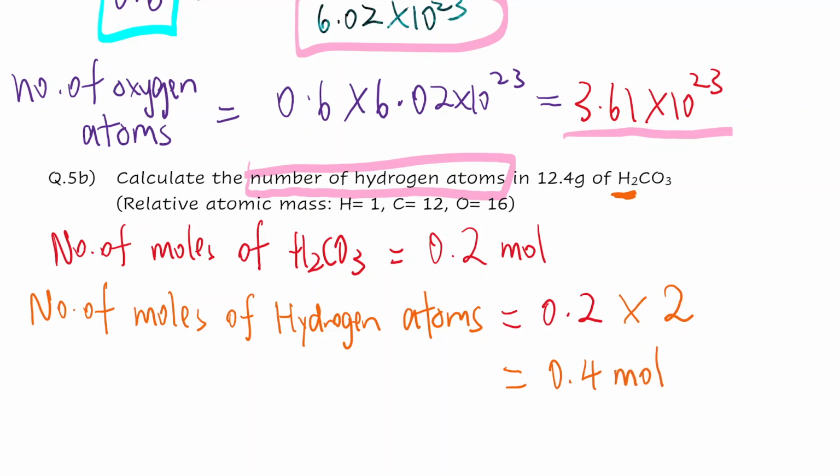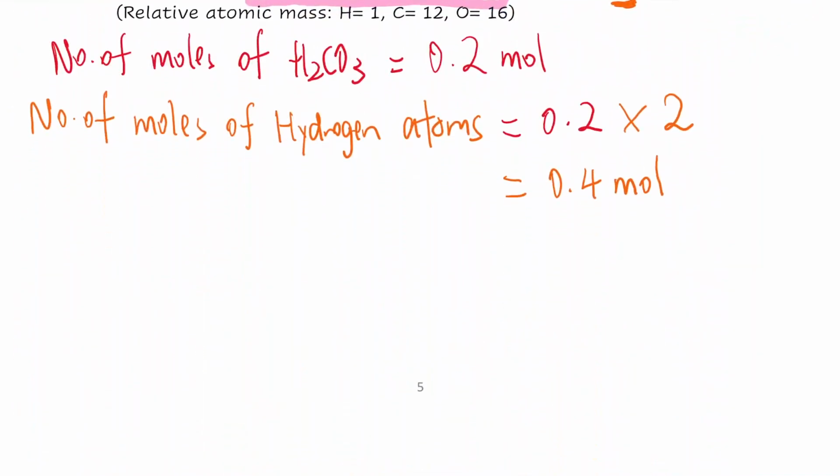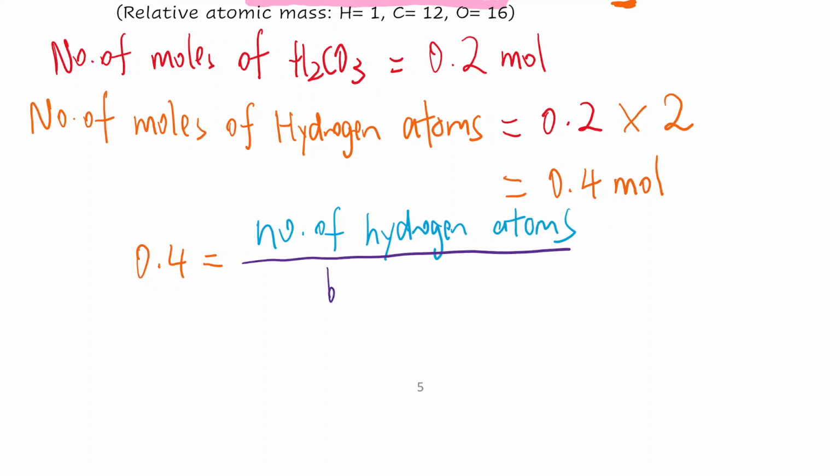Okay, now again, apply our same equation here. Number of moles of hydrogen atoms is equal to the number of hydrogen atoms divided by L. So I'll do the same thing. You get 0.4 is equal to the number of hydrogen atoms divided by 6.02 times 10 to the power 23.